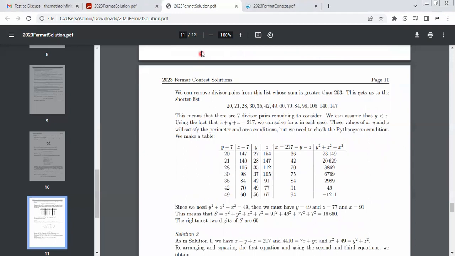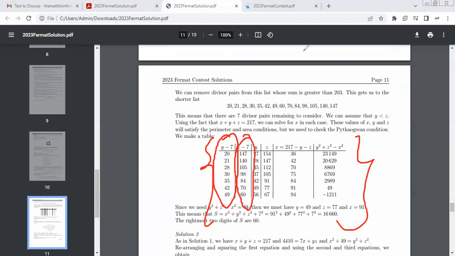Okay. So they're just drawing the table for this. So y minus 7 and z minus 7, and you have y, z. For finding y and z, you just have to add 7 more to each of these values.